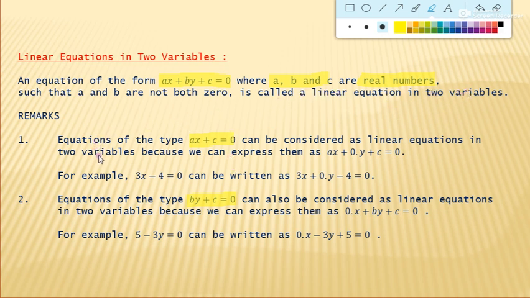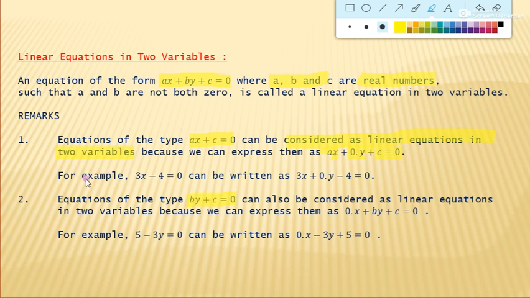There are two remarks we need to remember. An equation of the type ax plus c is equal to 0 can also be considered as a linear equation in two variables, because we can express it as ax plus 0y plus c is equal to 0. Okay, why 0y? Because there is no term of y, so we have to use 0 in the place of b.